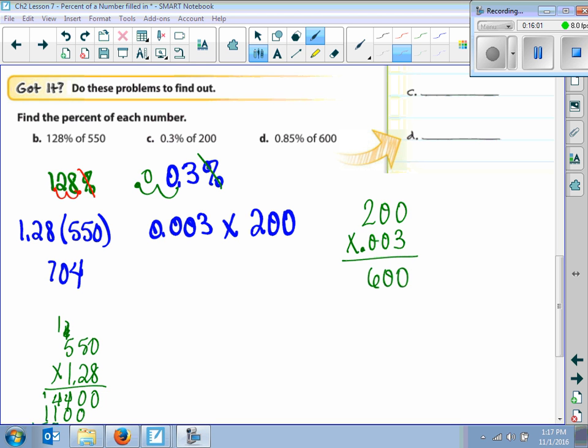All we have to do is see how many numbers we have to have behind the decimal. So we have 1, 2, 3, and there's our final answer. So 0.003 times 200 is equal to 0.60. Do I need to put those trailing zeros? No.